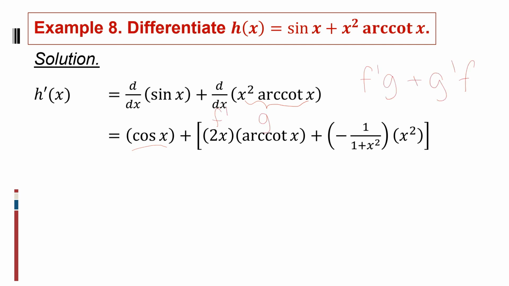We have f prime equal to 2x times g, which is equal to arc cot x, plus g prime, we have negative 1 over 1 plus x squared, times f, which is x squared. So that is now equal to cosine x plus 2x arc cotangent x minus x squared over 1 plus x squared.